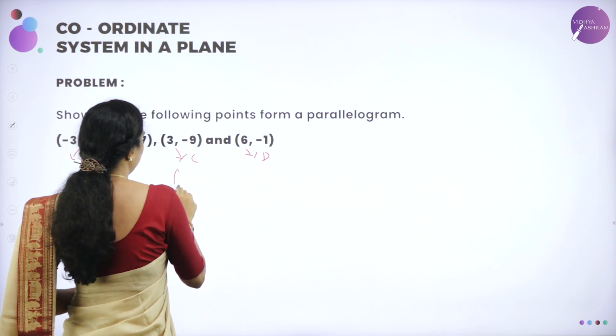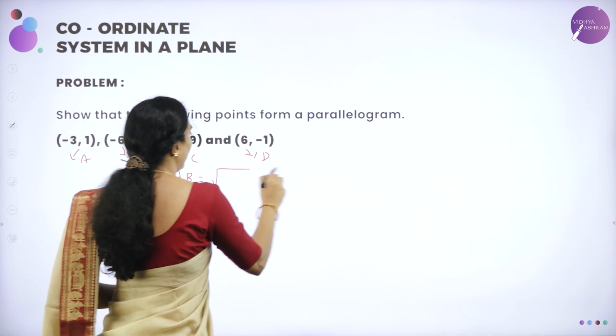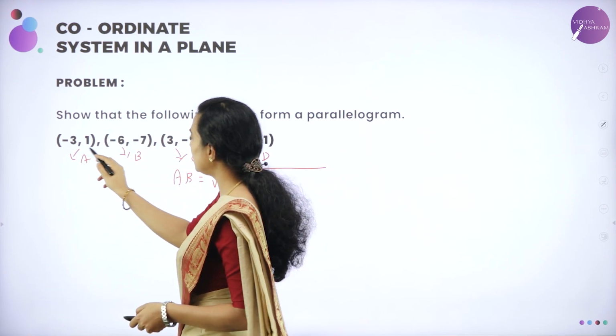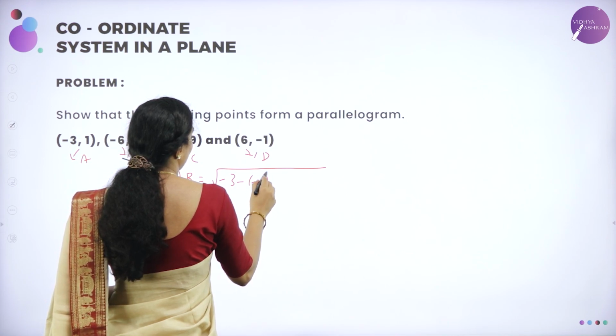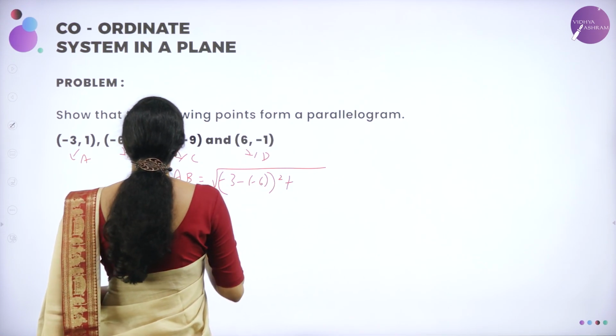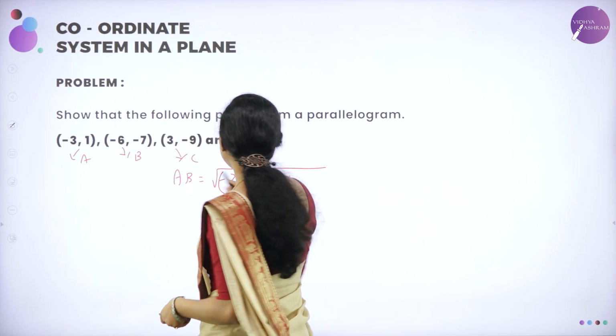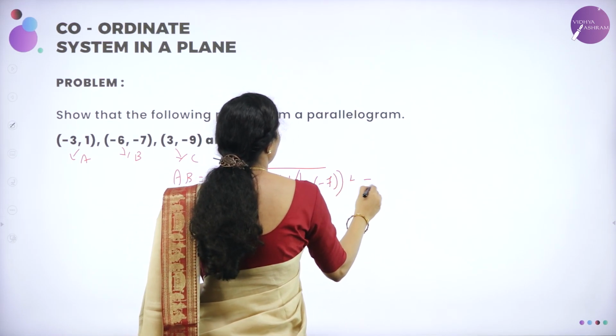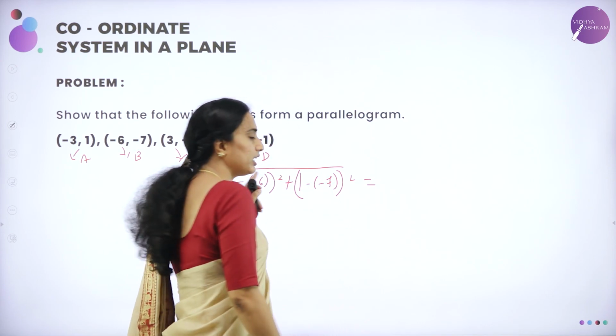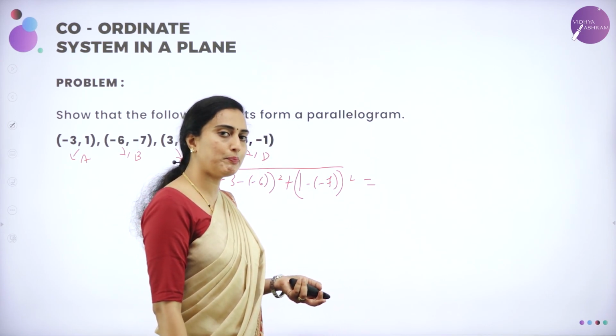Let me find out AB by the distance formula. Square root of minus 3 minus of minus 6 whole square plus 1 minus of minus 7 whole square. What is minus 3 plus 6?